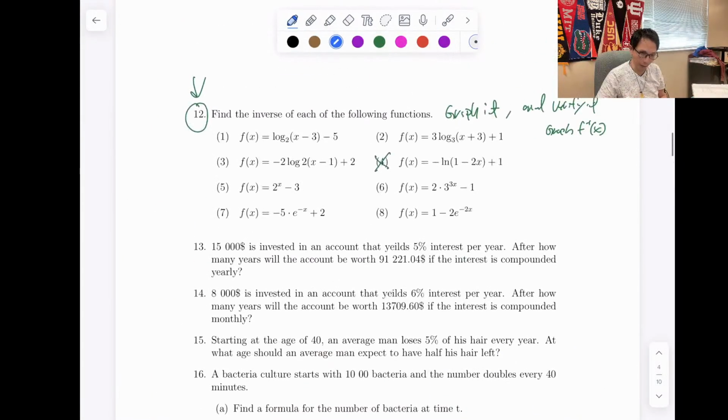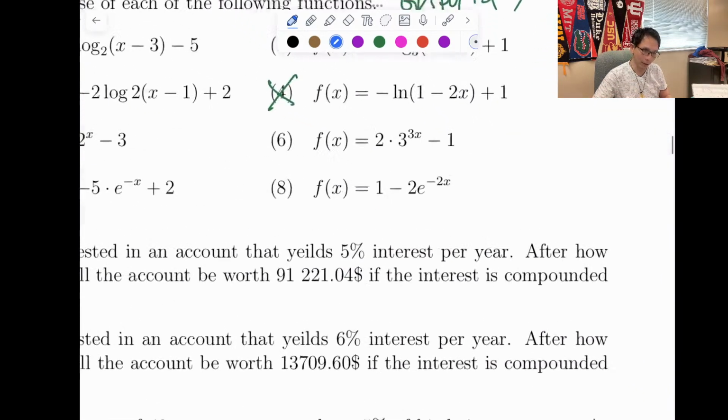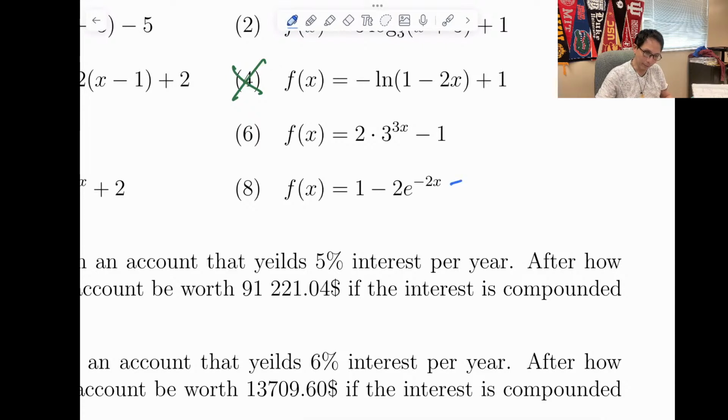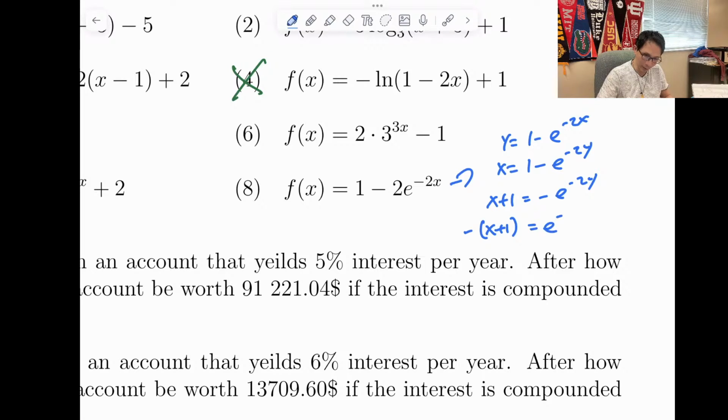Probably don't have time to go to e to the -2x, just imagine that's 2 to the -2x. I'll find the inverse. So y equals 1 minus e to the -2x. x equals 1 minus e to the -2y. Now x minus 1 equals negative e to the -2y. Sorry, it's minus 1.